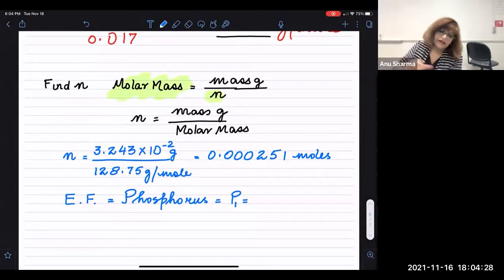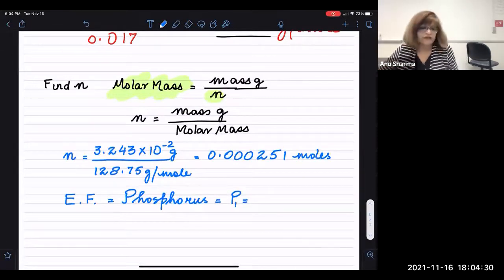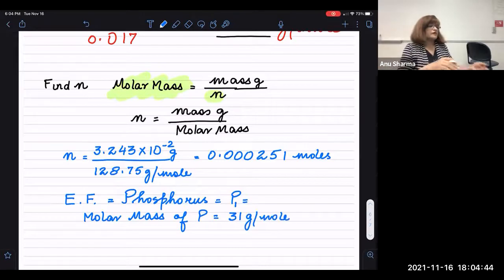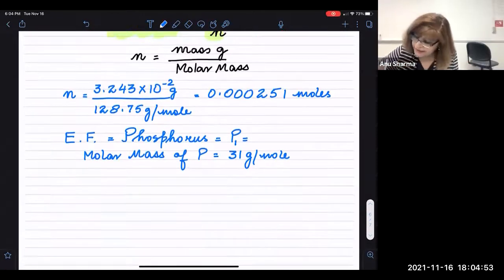So what is the weight of phosphorus? Get the molar mass of phosphorus. 31 grams per mole, right? The molar mass of phosphorus is 31.